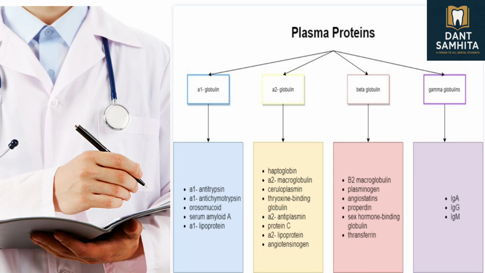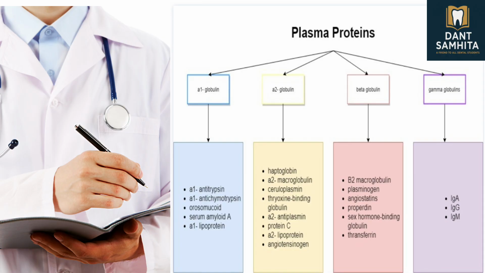If you want to make it a little easier, whenever you get something with the name A, that is A1 antitrypsin, A1 anti-chymotrypsin, serum amyloid A, A1 lipoprotein, these all come under alpha 1 globulin.